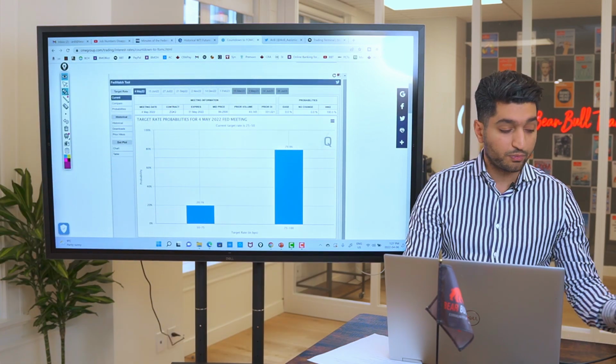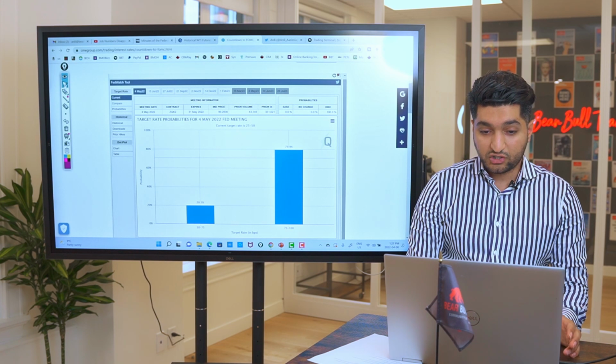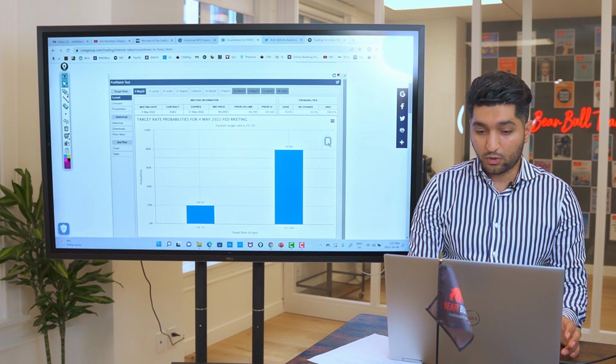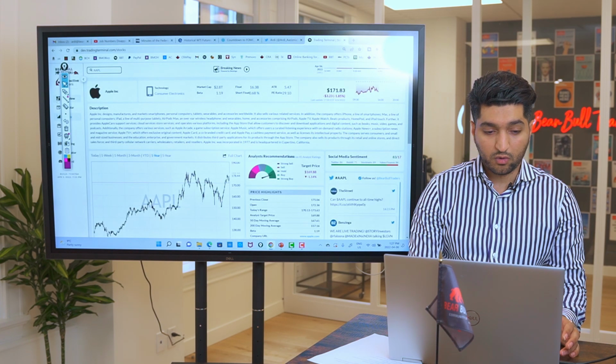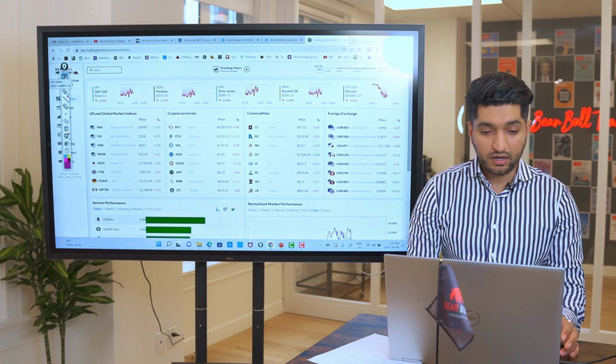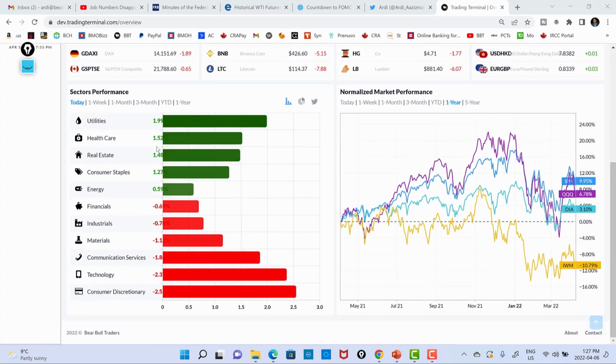It shouldn't really be surprising to us that the strongest sectors today, and let me go to our trading terminal and look at the overview of the sectors, were the defensive plays. It was utilities, up 2%. It was healthcare, up about 1.5%. Real estate, consumer staples.